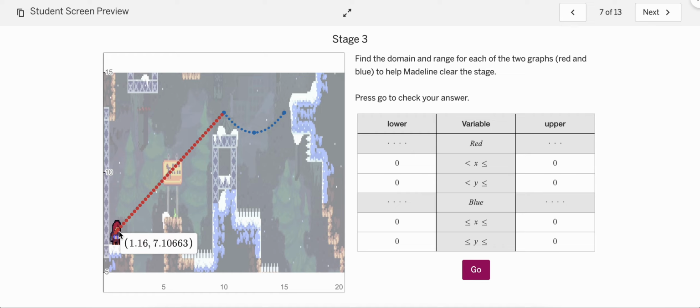At maybe 1.2 all the way up to our y coordinate at the top, which looks like about 13. And then for the blue part, we're going from x is about 10 to x is 15. The bottommost point down here, 12.5, to the topmost point, which was 15, would be our range. From 12.5 to 15 would be the range of the blue point.